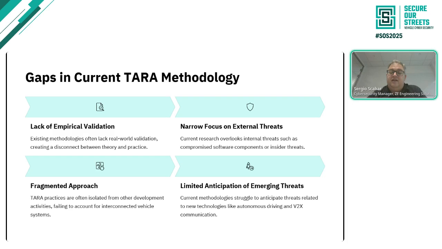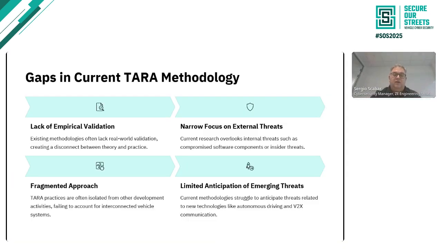TARA practices are often isolated from other development activities, failing to account for interconnected vehicle systems. And the last one is limited anticipation of emerging threats. Current methodologies struggle to anticipate threats related to new technologies like autonomous driving or V2X communications. These gaps are important because they are exactly where the attackers would get in.